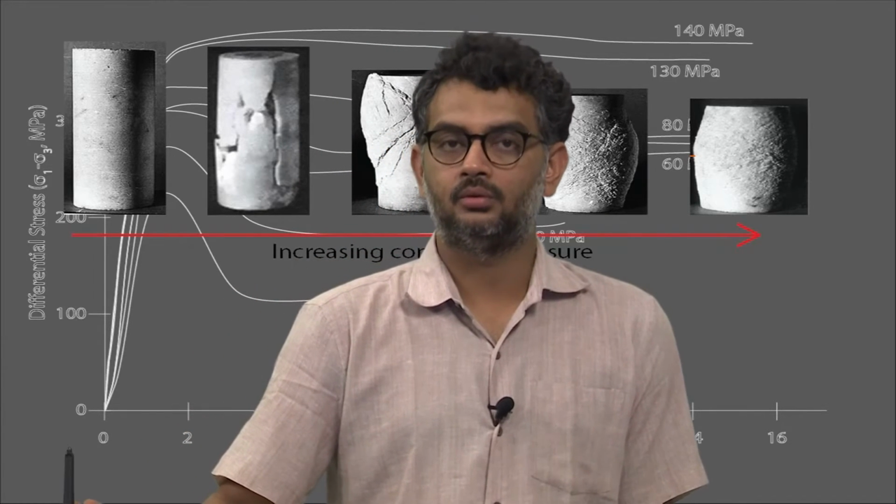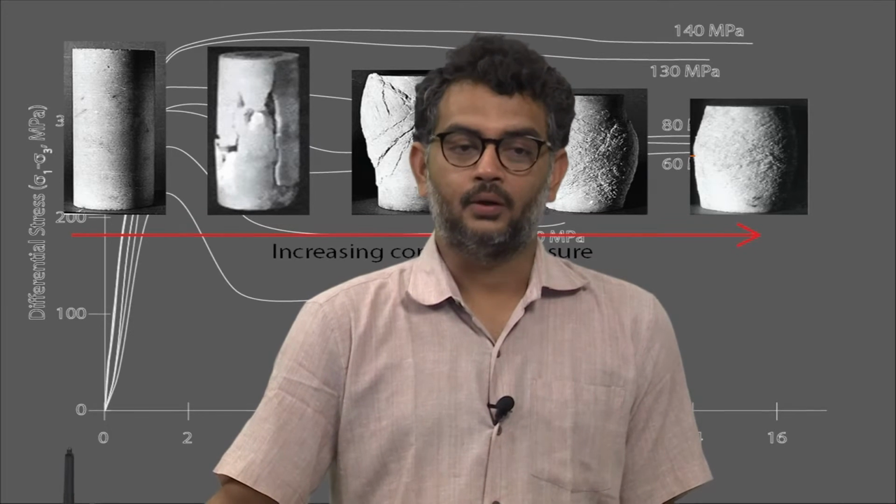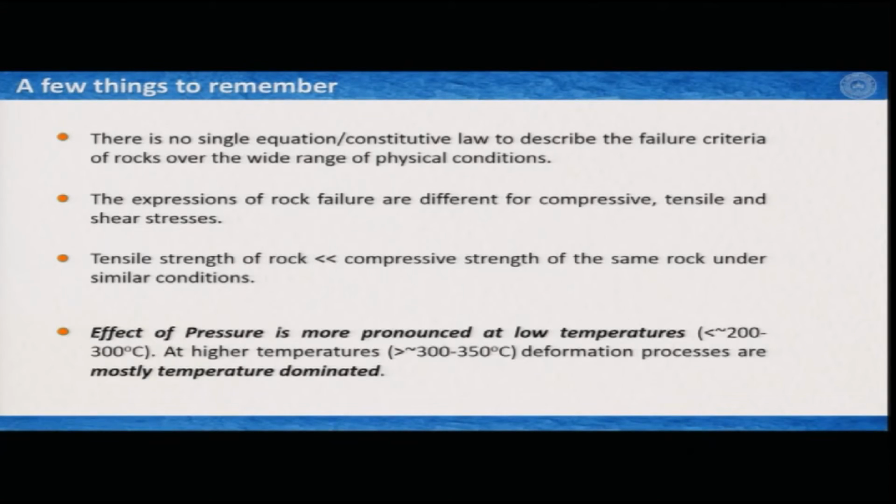It is important to understand very clearly that there is no single equation or constitutive law to describe the flow or failure criteria of rocks in the wide range of physical conditions, and therefore, we have these different kinds of rheologies, and whichever fits with my observation, I will use it without breaking the laws of physics and science in general. It is also important to understand that the behavior of the rock, the failure pattern and failure mechanisms, are essentially different depending on the regime of the stress you are applying.